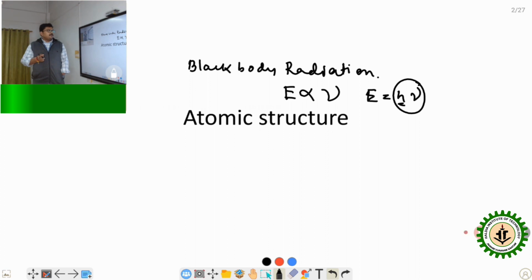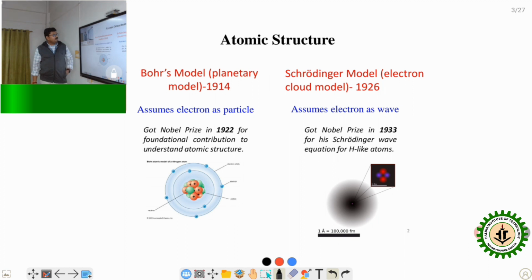At that time Niels Bohr took this assumption and gave his famous planetary model. According to that, there is a nucleus inside the atom, and the electrons are moving around the nucleus in a particular orbit.